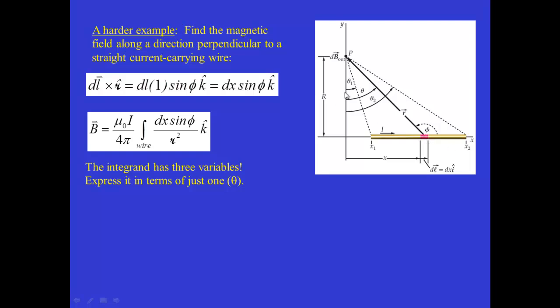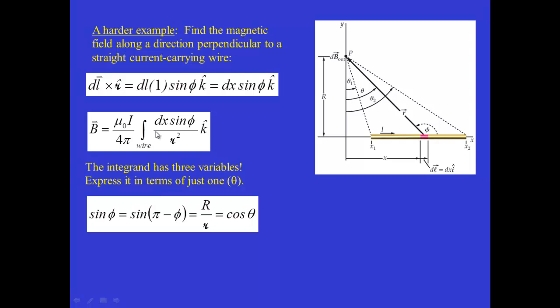All right, so theta is the angle that goes from here out to here, and that specifies the location of this current element. And theta 1 would give the location of the left end of the wire. Theta 2 would give the location of the right end of the wire with respect to point P. Okay, so that's what I'm going to do.